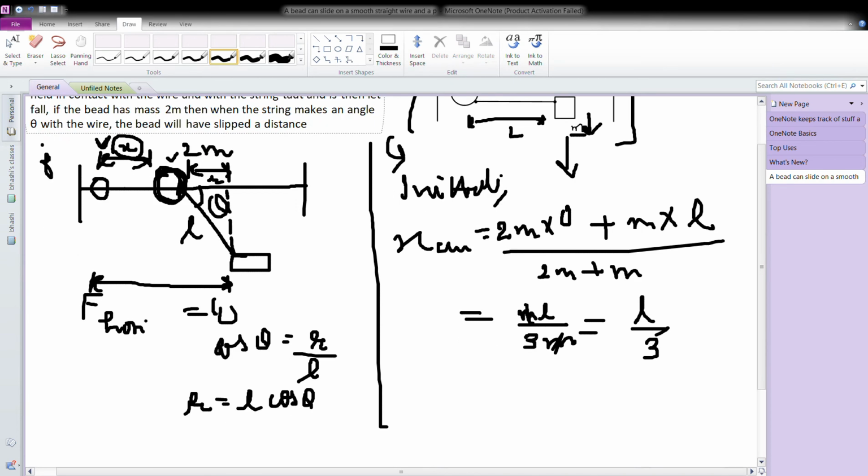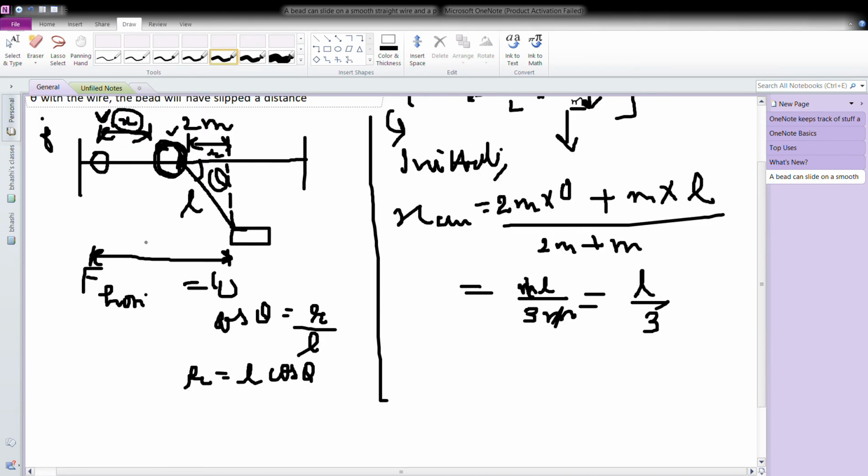So we are sorted for the displacement of this particle because this whole is nothing but x plus r, and we have got the r. So the displacement for our particle will be x plus r, which is x plus L cos theta.